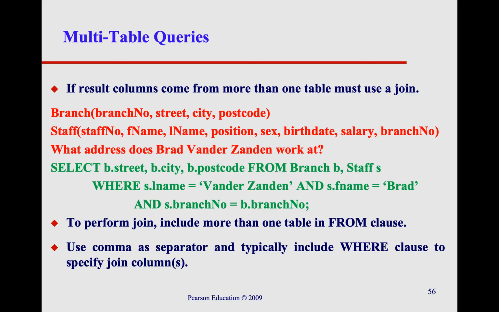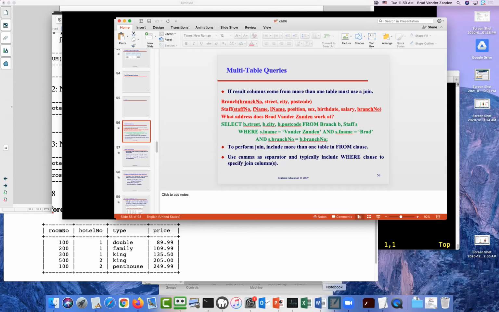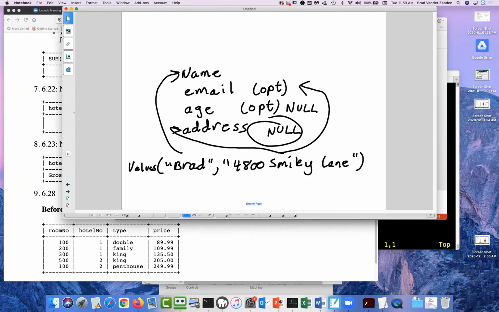And again, an intuitive way to think of a join is that it is using a foreign key.